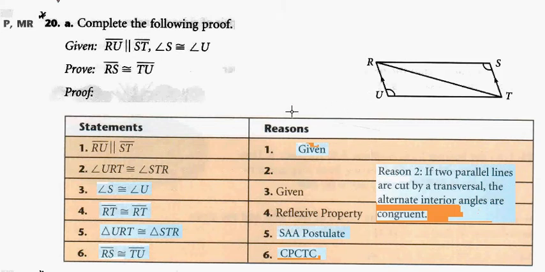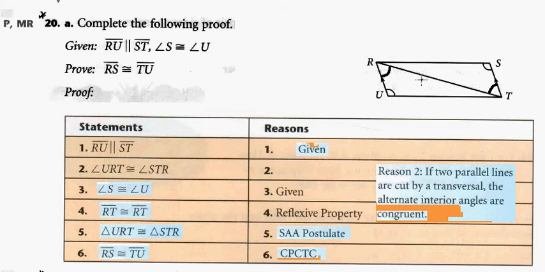That's given. Second one is that URT, which is this angle right here, is congruent to STR, which is this angle right here.